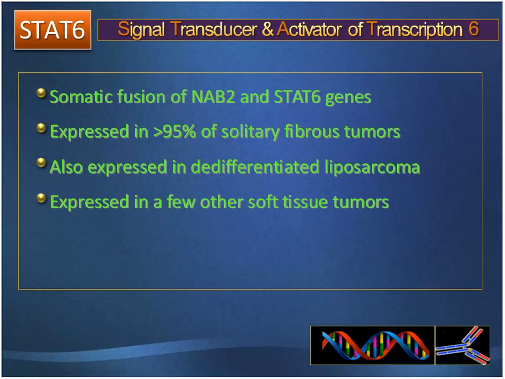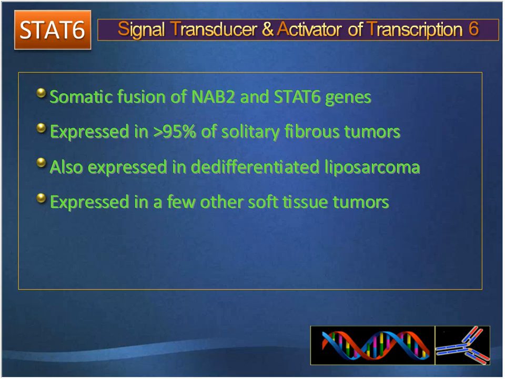The next one that we mentioned shortly was STAT6, signal transducer and activator of transcription 6, a somatic fusion of the NAB2 and STAT6 genes. In more than 95% of solitary fibrous tumors, this can be seen.